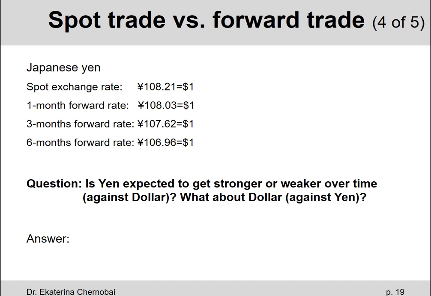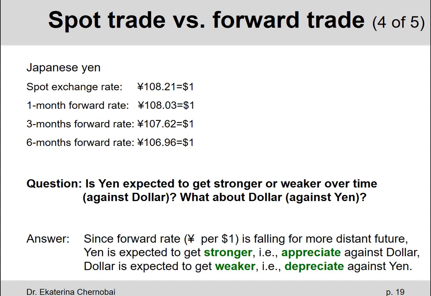No, it's bad. So the dollar is expected to get, we say, weaker over time. Or we can also say the dollar is expected to depreciate against the yen, lose value, right? And the yen is expected to instead get stronger or appreciate against the dollar.